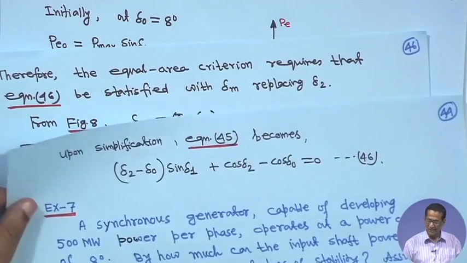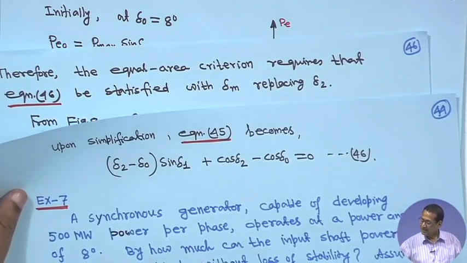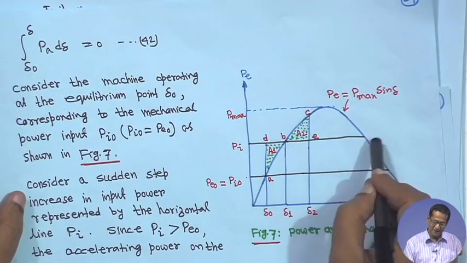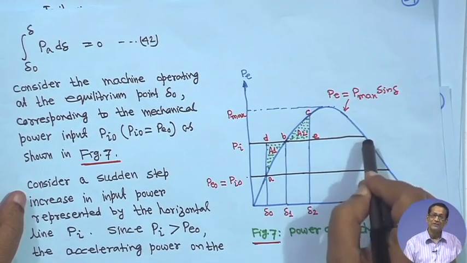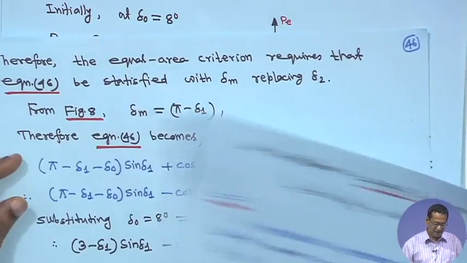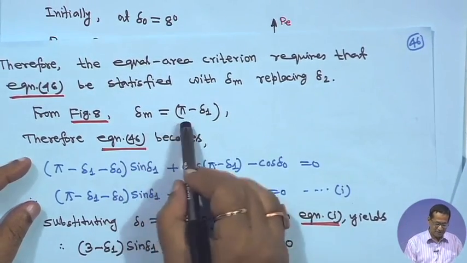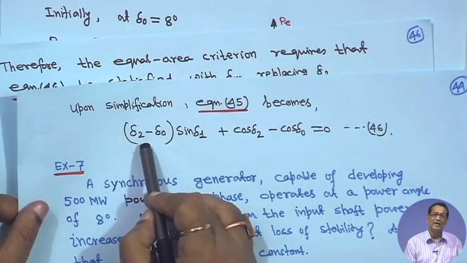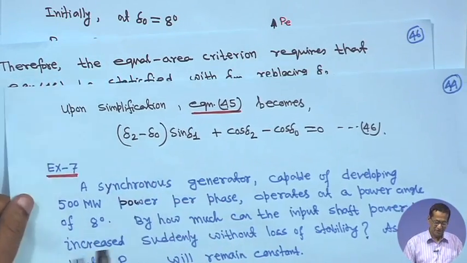Here we have gone up to delta 2, but it can come up to delta m. So, delta 2 is equal to delta m, which is pi minus delta 1.